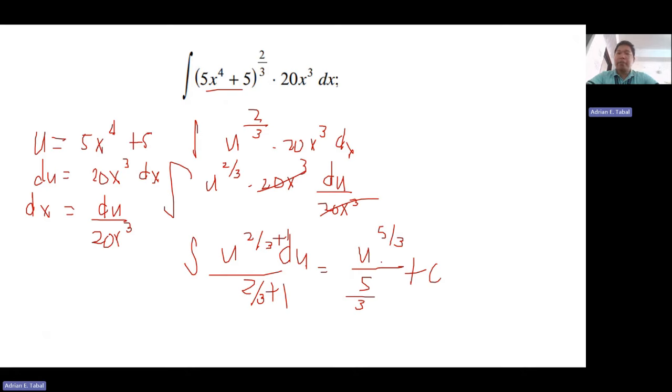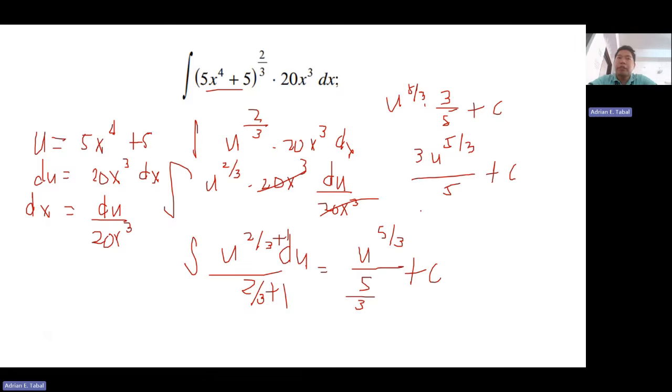So we simplify first. This is just simple fractions. u to the 5/3 multiplied by its reciprocal, which is 3/5, plus c. So simplified, this is 3u to the 5/3 over 5 plus c. So we have the value of our u.